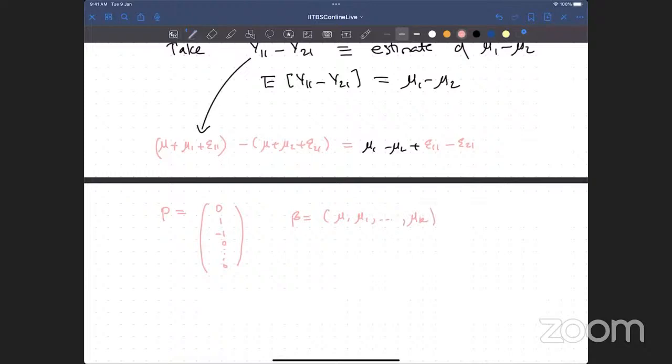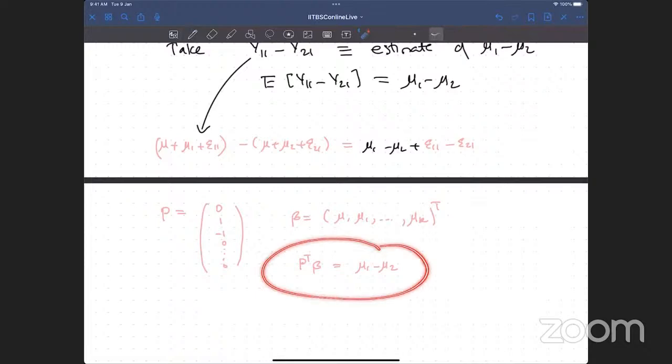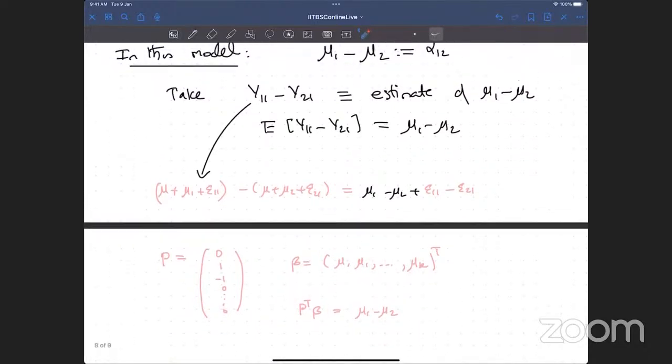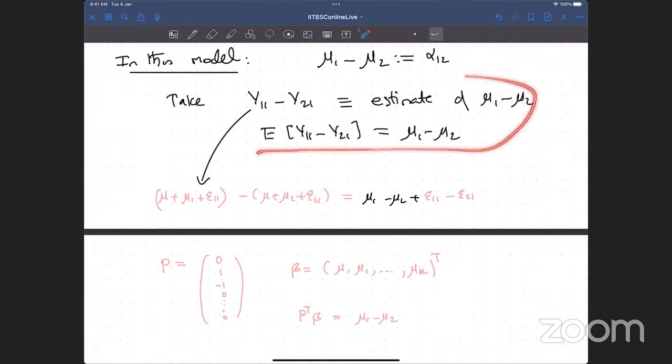Now, p transpose beta is just going to be mu1 minus mu2. Do you see that? Yeah, I do. So this particular linear combination of beta is identified by what I've established here.